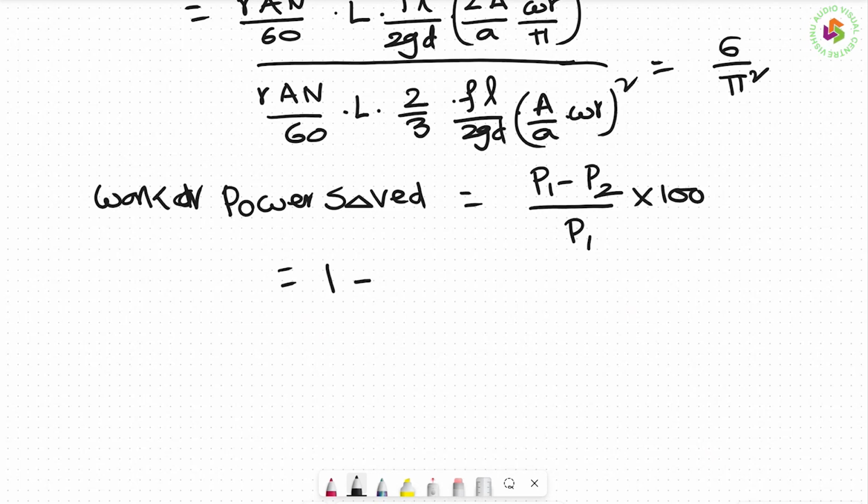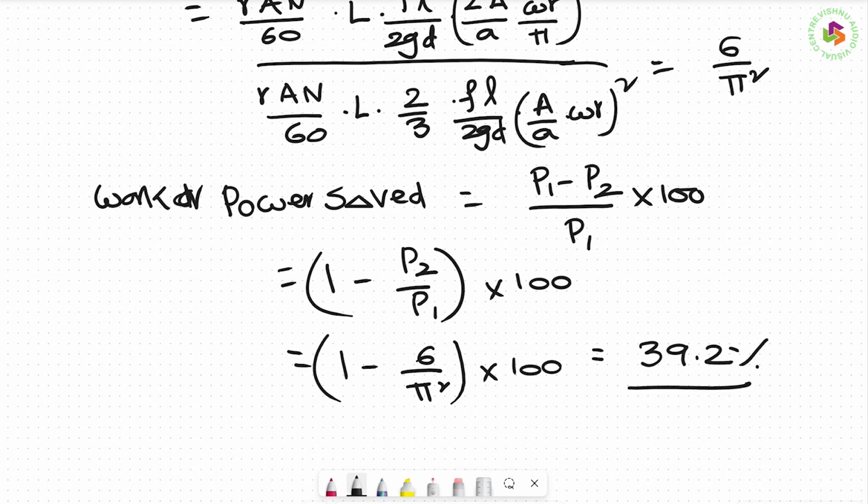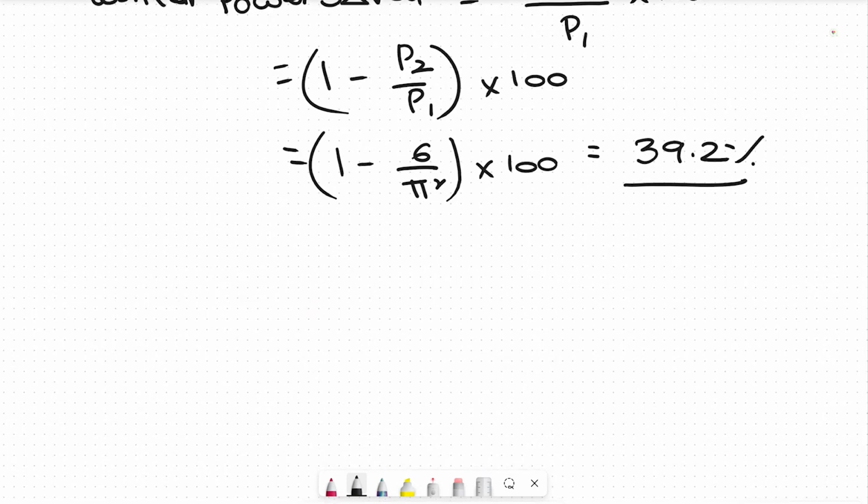It is 1 minus P2 by P1 into 100, which is equal to 1 minus 6 by pi square into 100. So it is 39.2%. Excellent.